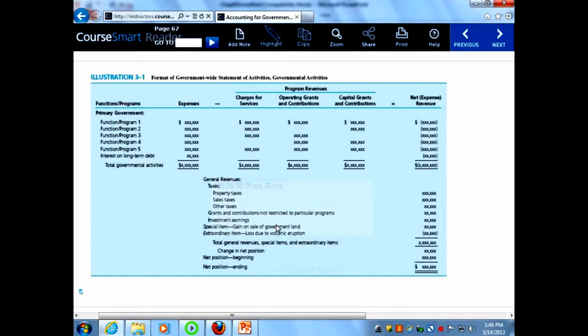Okay. Unrestricted investment earnings. It's general revenue. I think you get the hang of it. You get the hang of what the difference is between program revenues and general revenues. Everybody see that? So if somebody gives you a grant, you ask them, what is it for? If it's just a general grant for anything that you could use, it goes down there. If it's for a specific purpose, it goes up on the top. Okay? All right.